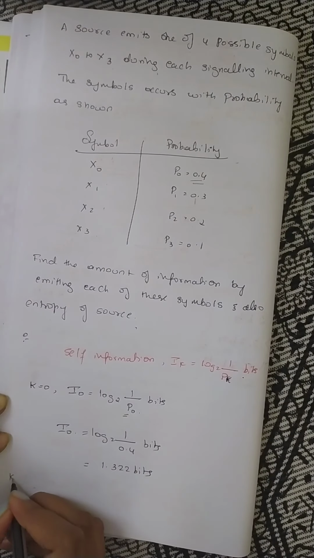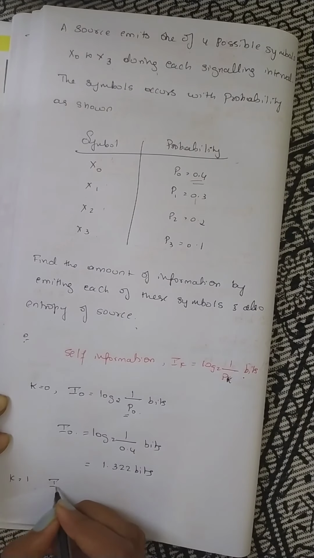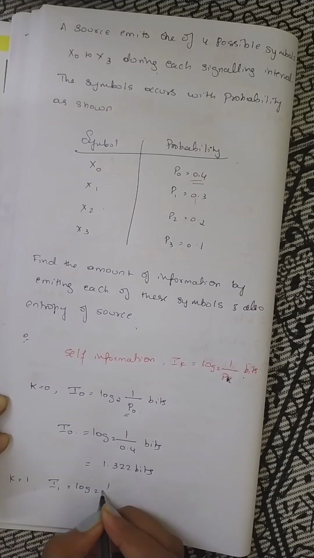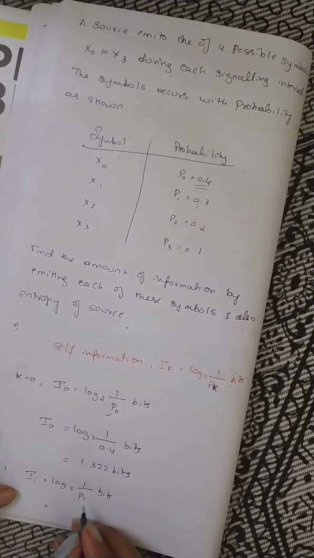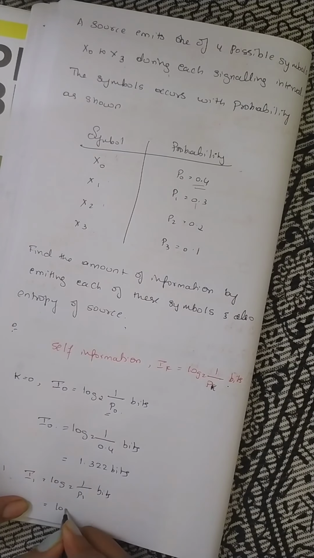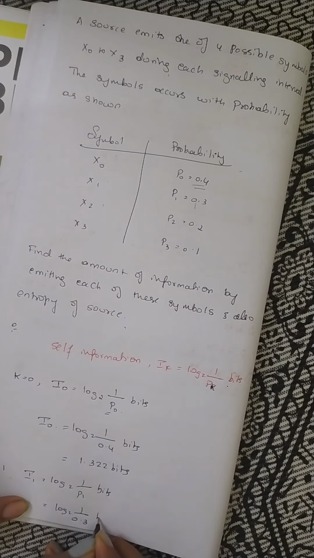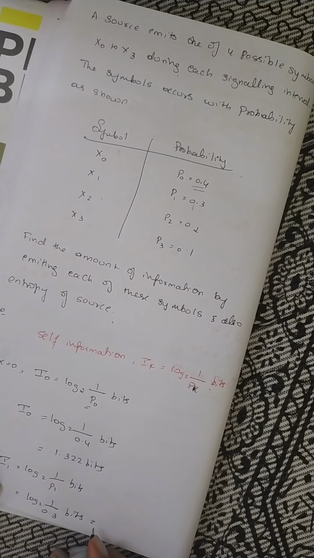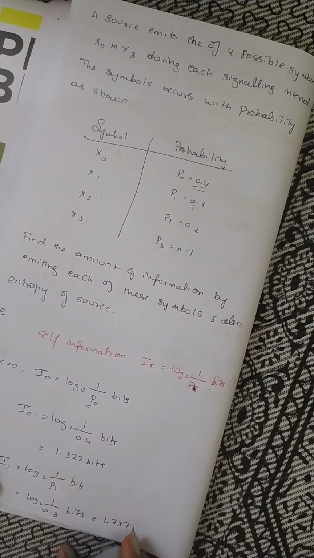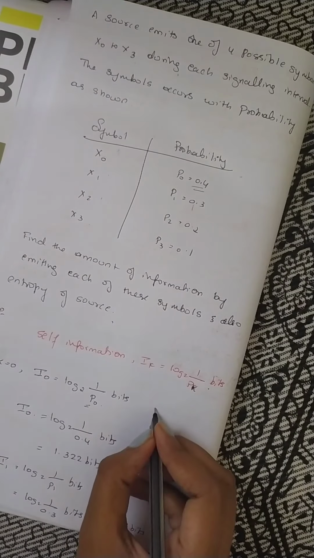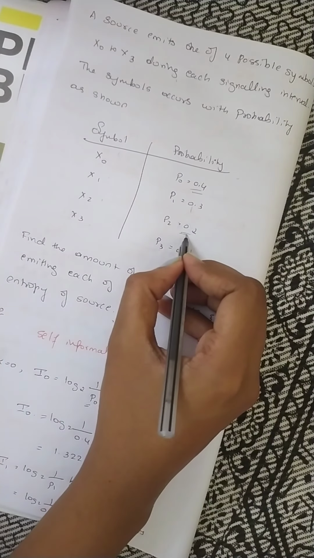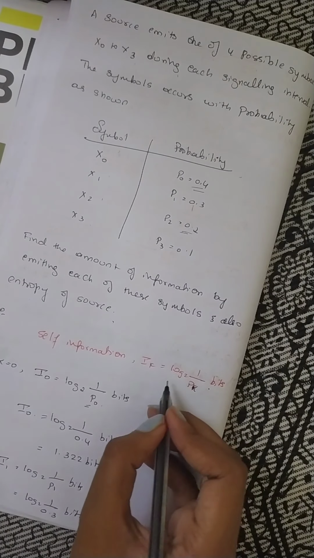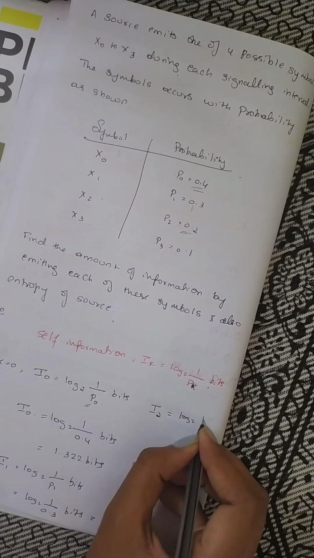Similarly, do it for K equal to 1, that is I1 is equal to log to the base 2 of 1 by P1 bits. Substitute the value for P1, it's 0.3. You will get the answer as 1.737 bits. Similarly, do it for I2, where P2 is 0.2. Substitute in I2 equals log to the base 2 of 1 by P2.